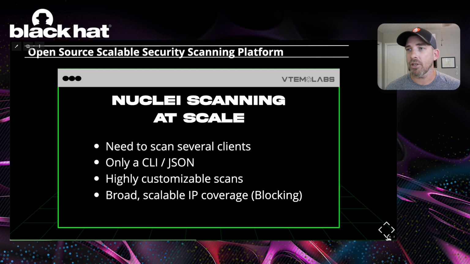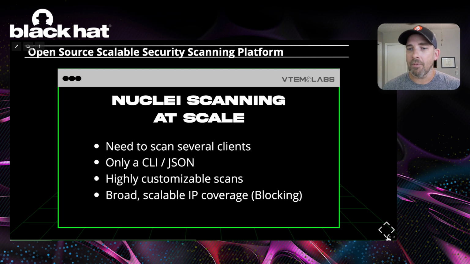That would essentially take away any of the value, as we have to keep adding more consultants to run these scans, and we also increase our possibility of human error. Another thing we needed was highly customizable scans, and we needed them to be customizable across a large swath of customers, not just an individual customer.